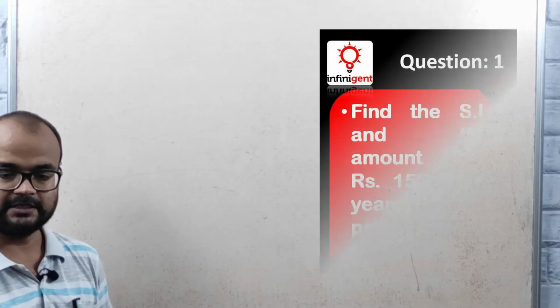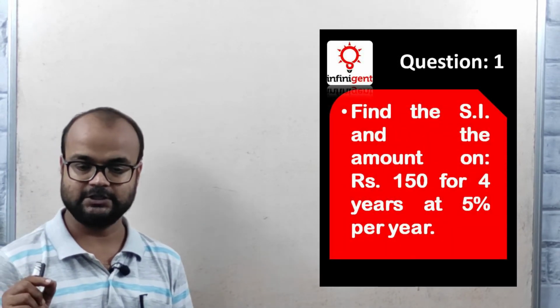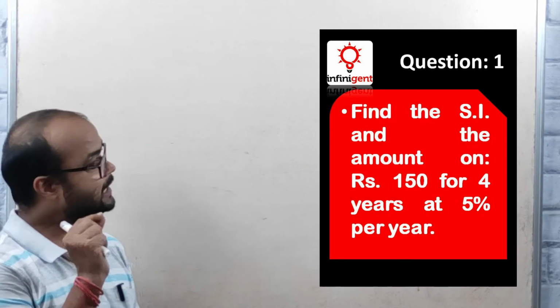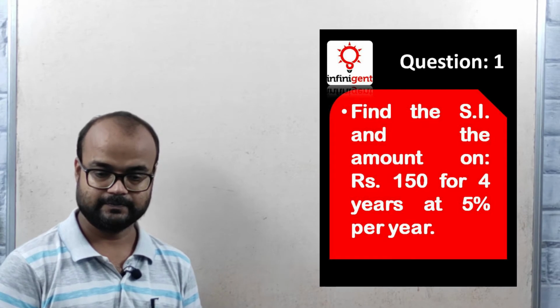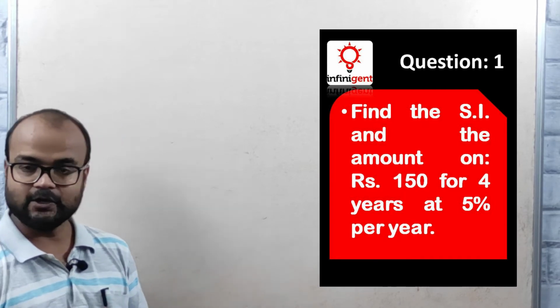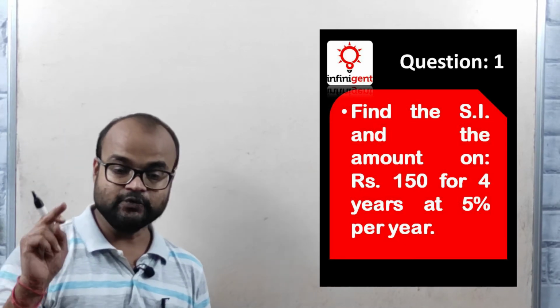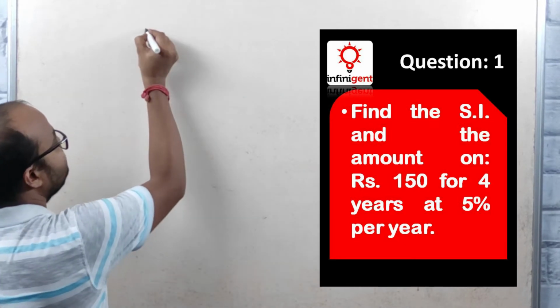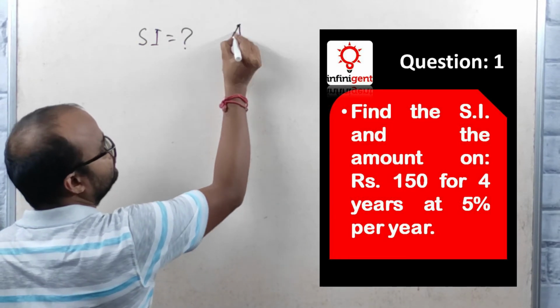Find the SI and the amount on rupees 150 for 4 years at 5% per year. Now in this problem we need to find the SI and the amount.